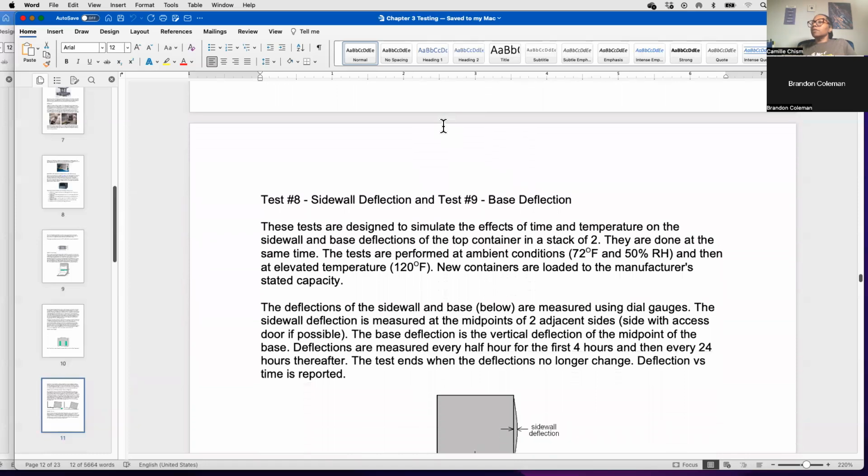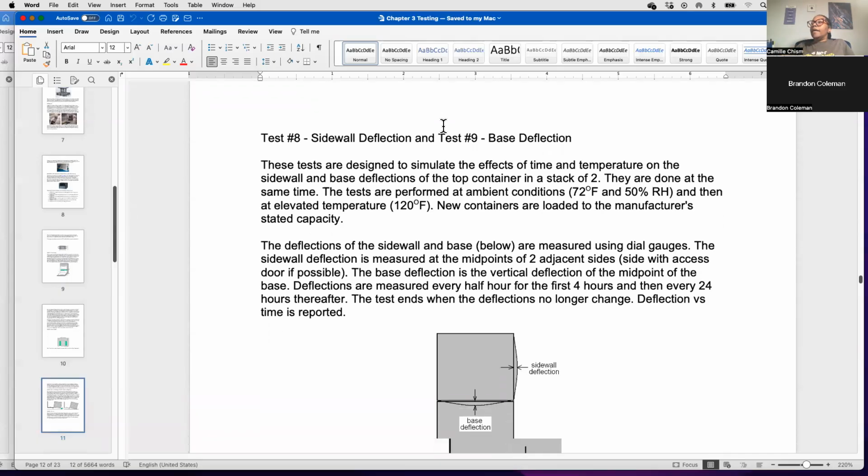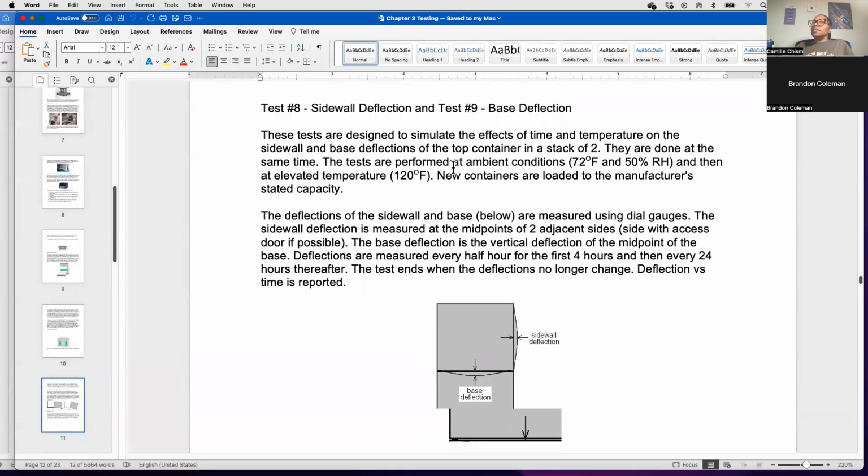Okay. So the next one, test number 8, is a simulation test. You're looking at things like time and temperature, and what that does to a box or a pack or a bin over time. This is important because you have multiple plants that maybe make the same part, shipping the same part from multiple places.